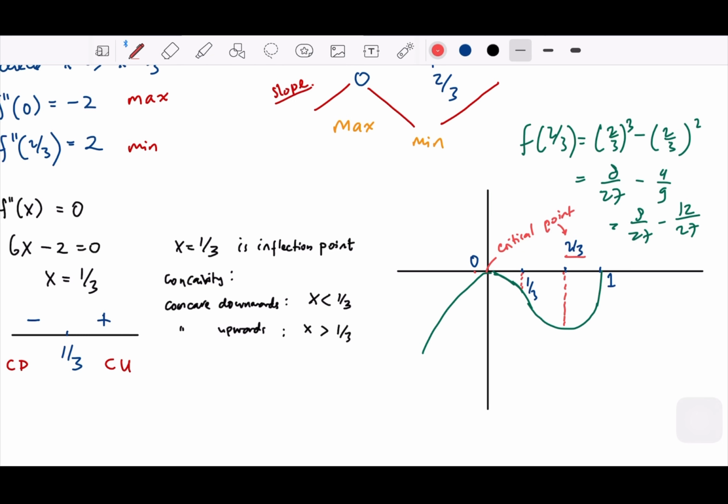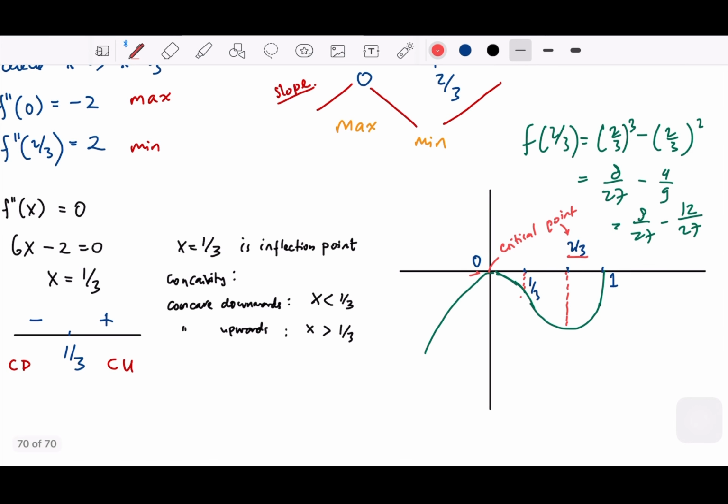This is also a critical point. And also this is the inflection point. This is the local max if you want to be more precise. This is the local min.